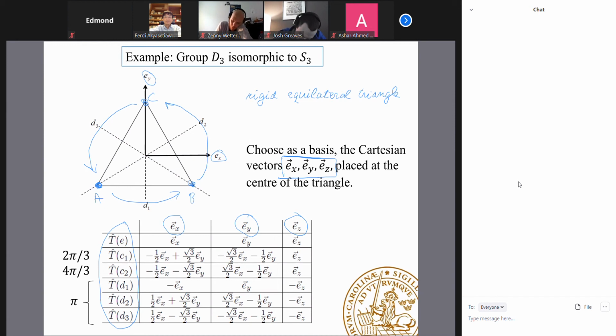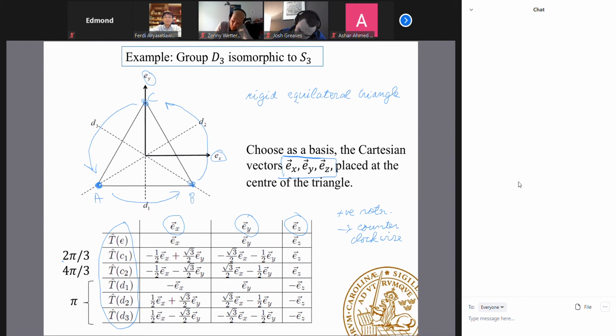Now, C1 means counterclockwise. Usually the rotation is defined to be counterclockwise for positive rotation. It's just convention. So a positive angle means counterclockwise. When we say rotation by 2 pi upon 3, or 120 degrees, it means a counterclockwise rotation.